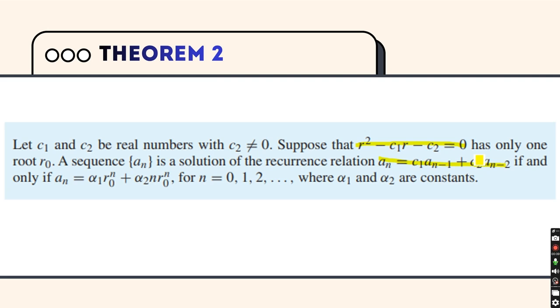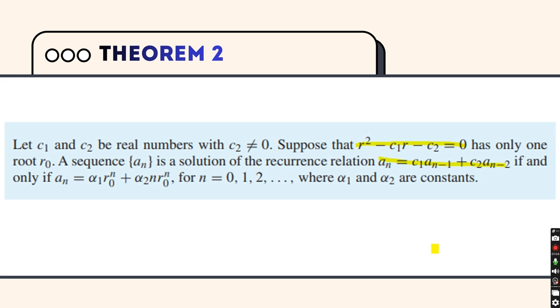Usually, this type of equation has two roots or two solutions, like r1 and r2. But sometimes, both roots are the same number. So this special case is what theorem 2 talks about.